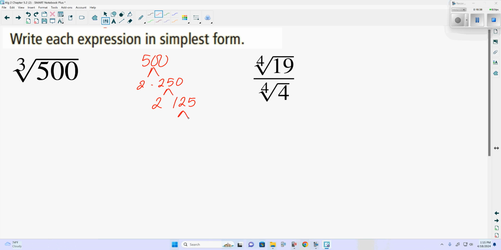Does 2 go into 125? No, but 5 does, and that would be 5 and 25. 25 is 5 and 5. So these are all primes. Yep. So we have 5 cubed times 2 squared.